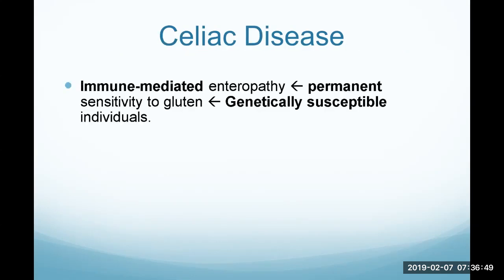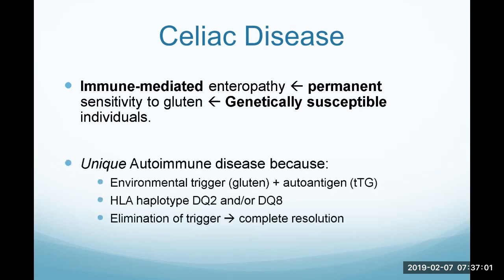So what is celiac disease? It is an immune-mediated enteropathy that is caused by permanent sensitivity to gluten in genetically susceptible individuals. It's a unique autoimmune disease in the sense that it requires both an environmental trigger, which is gluten, and an autoantigen, which is tissue transglutaminase.